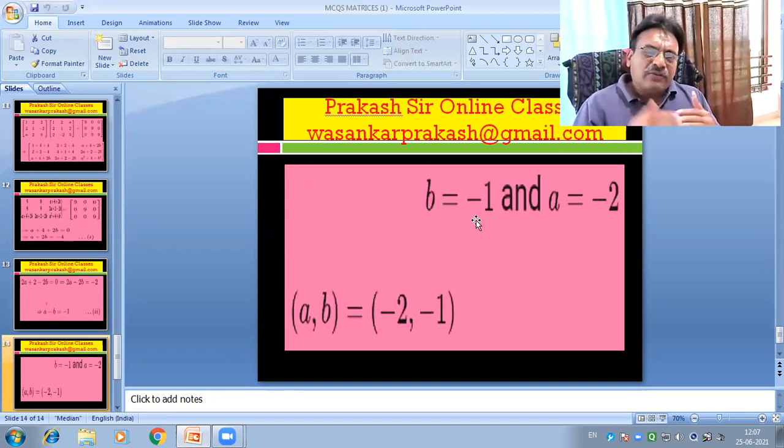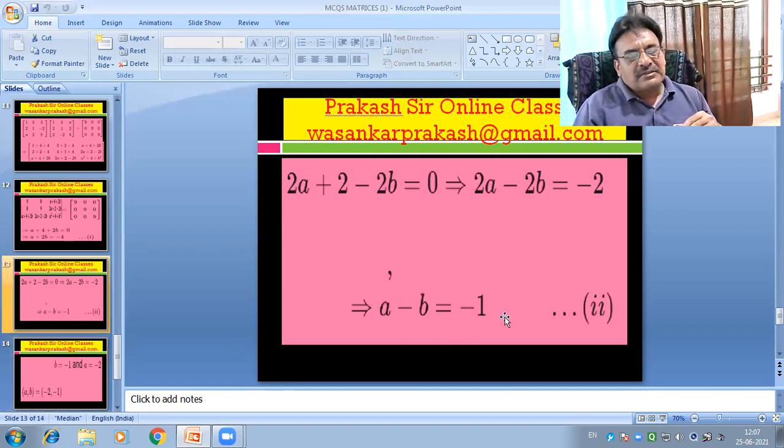Then we put the value of b in equation first or equation second and find the value of a. So we put b equals minus 1 in equation second. Then negative negative positive, so a plus 1 equals minus 1. Therefore, a equals minus 1 minus 1, so a equals minus 2.